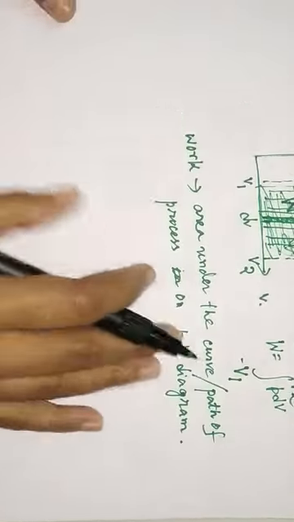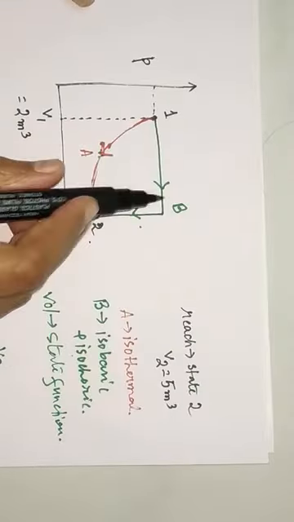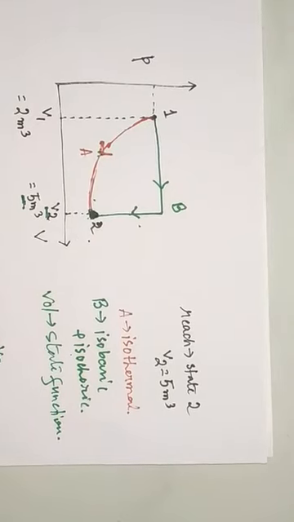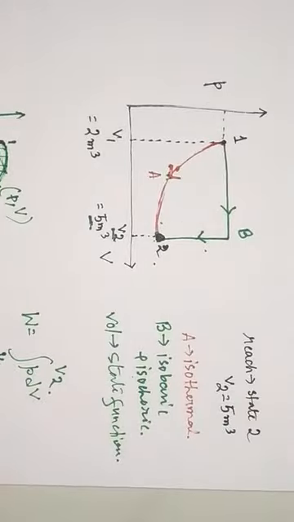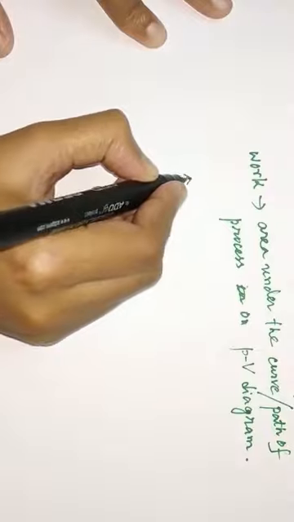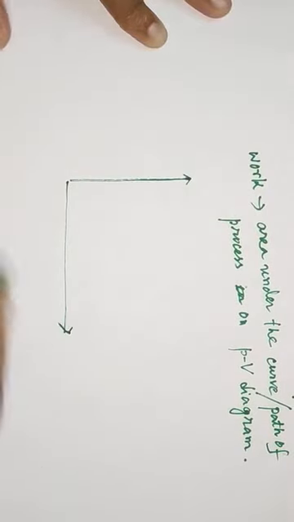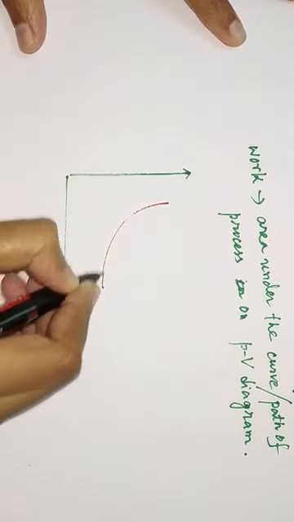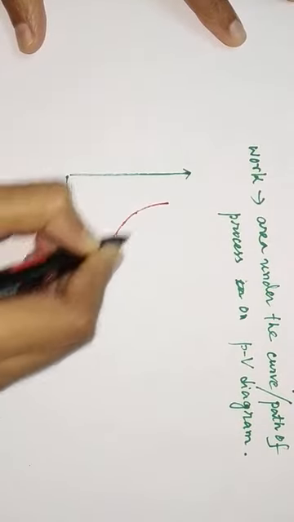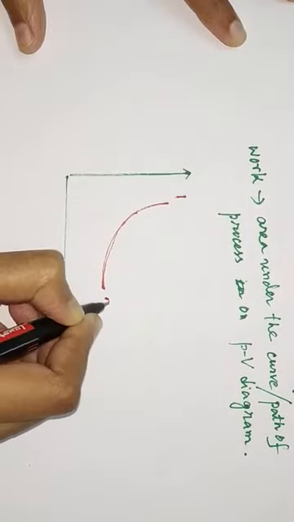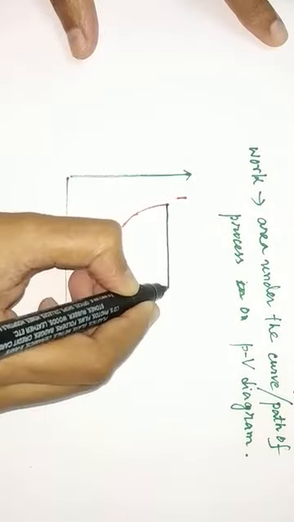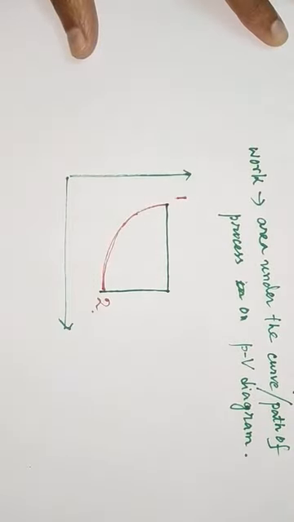Okay, so now if we take the similar two cases where the volume, you see, was independent of the path which was taken, you'll see that the work done in the two cases will be totally different. The first one is an isothermal process, where the path of the process is like this. This is state 1 and this is state 2, and the combination of isobaric and isochoric is like this.